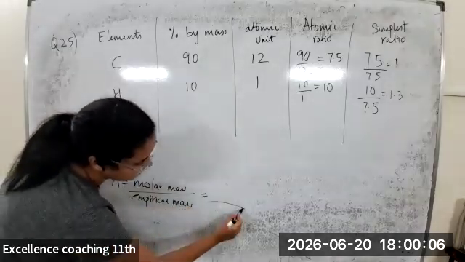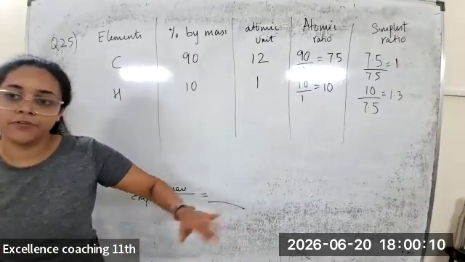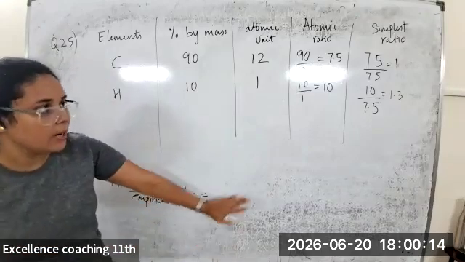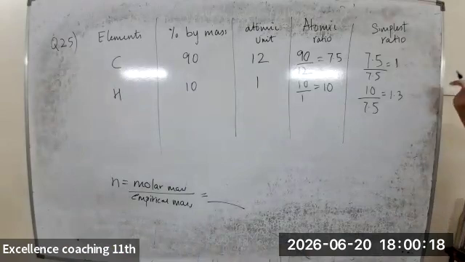Here it is fixed, as in you have to multiply it by a number in order to get a whole number. So you have to try that.